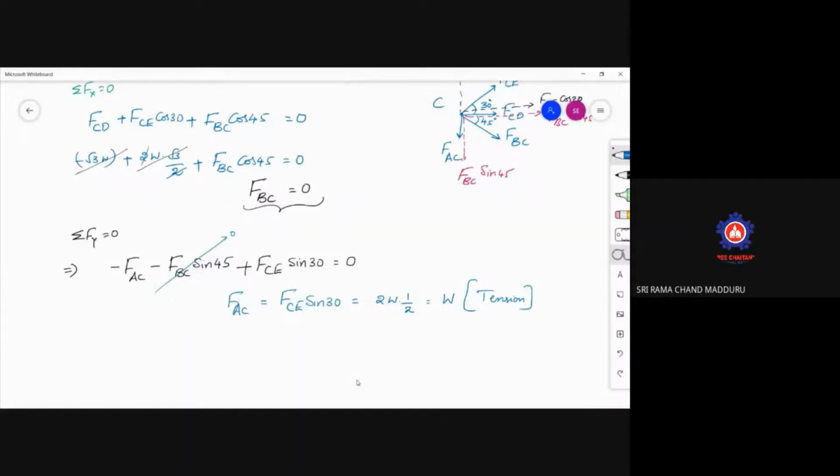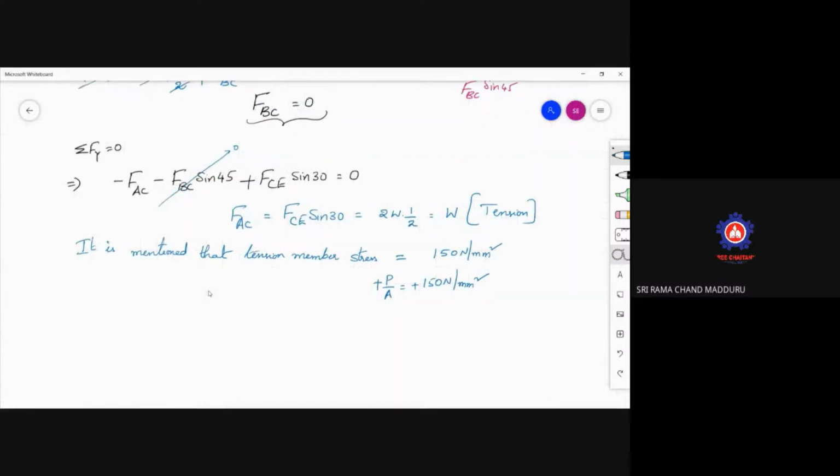Before that, it is mentioned in the problem that the tension member stress is 150 Newton per mm squared, that is plus P by A. Compression is minus P by A, because negative is the indication of compression, minus 75 Newton per mm squared.